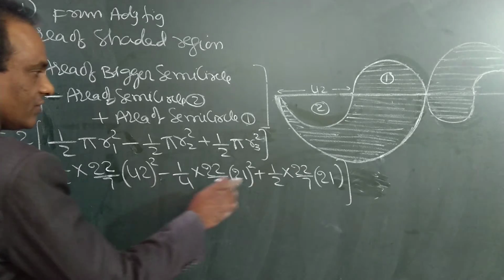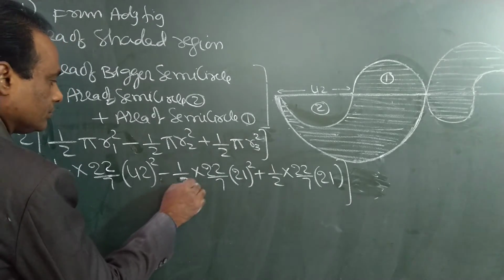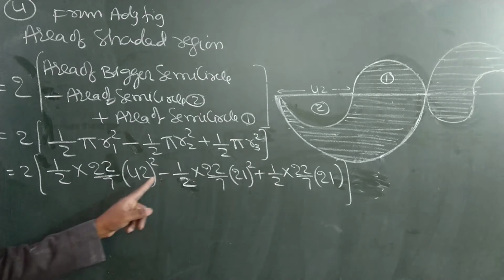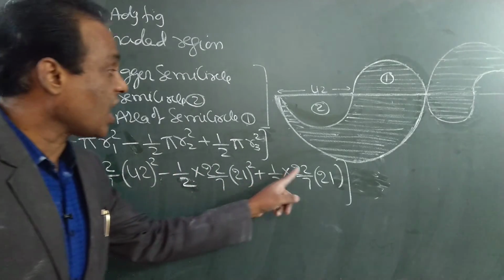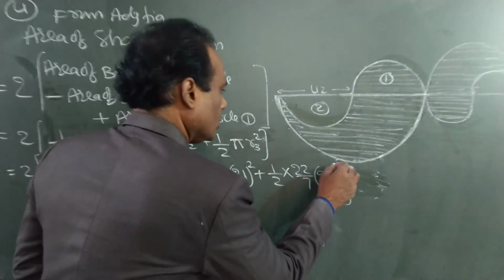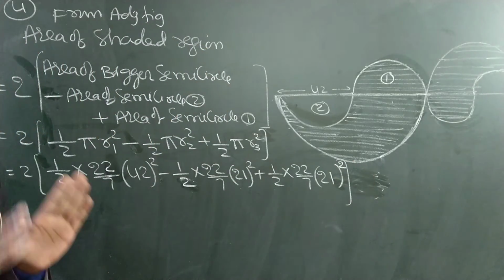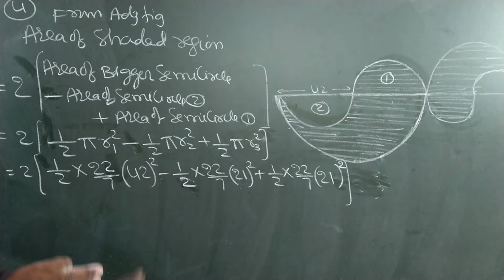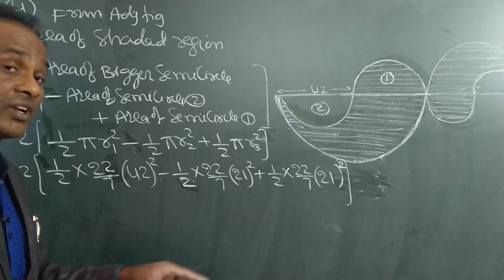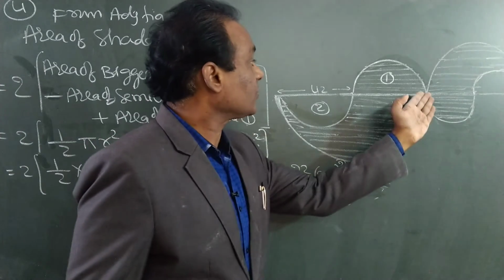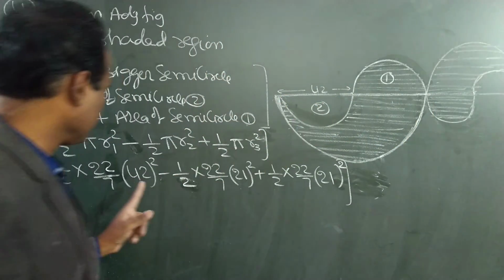This is minus. So the semicircle area is half pi r square. But what is half? Half only. Pi means 22 by 7. But what is r? For the bigger semicircle, the radius is 42.